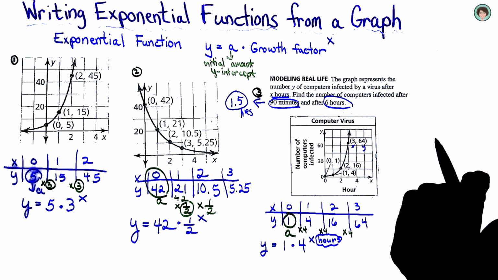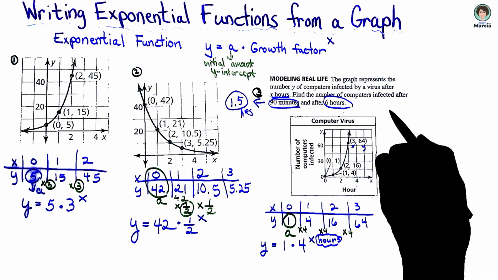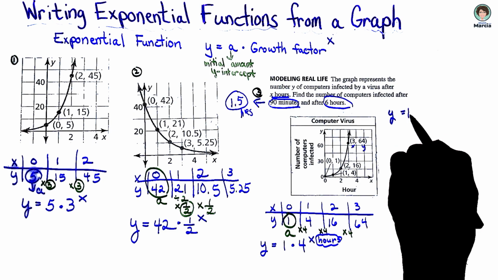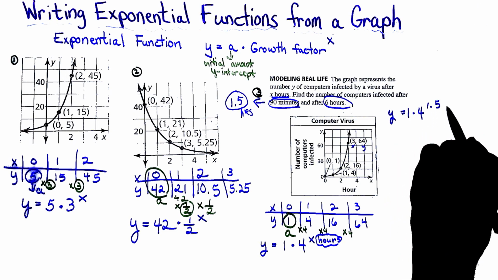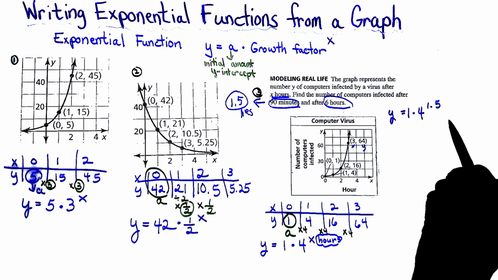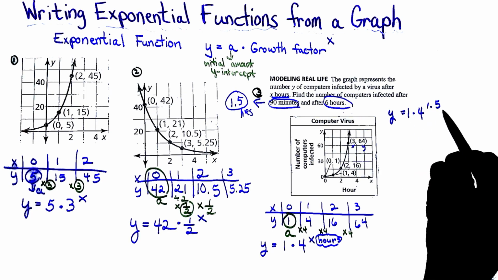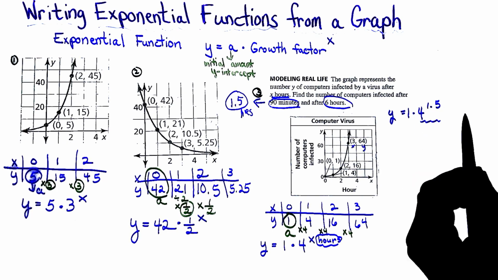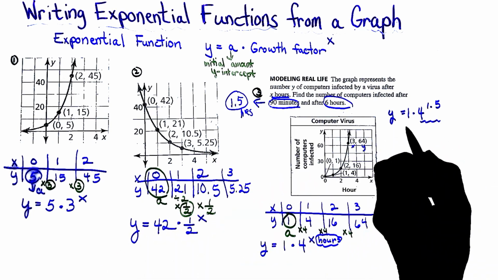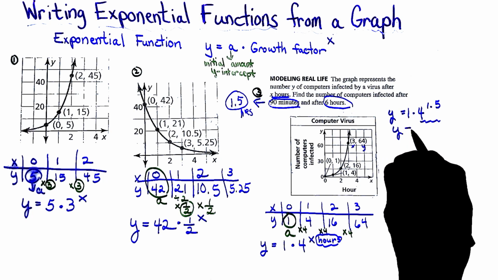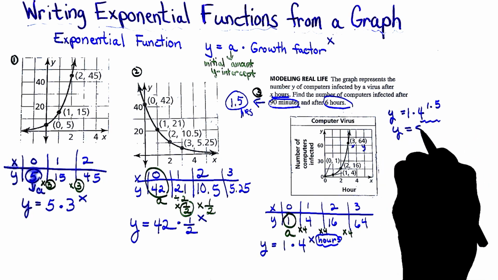All right, well, let's find the first one. So y is equal to 1 times 4 to the 1.5 hours. So we know that we're going to do this first, and then we're actually going to have our answer because we're just multiplying it by 1. So y is equal to, when you do that, 8.